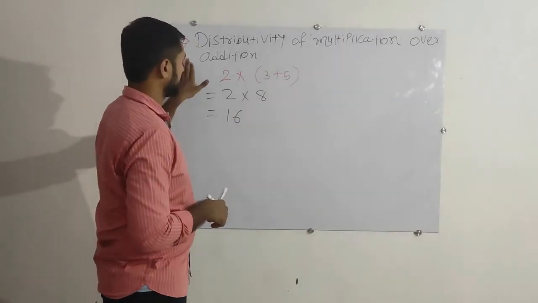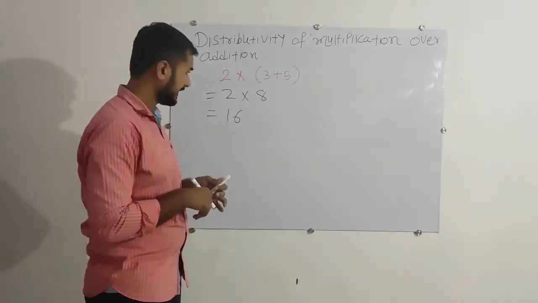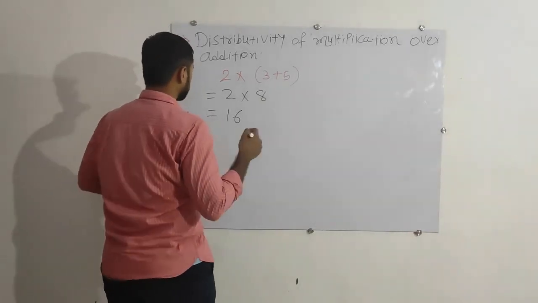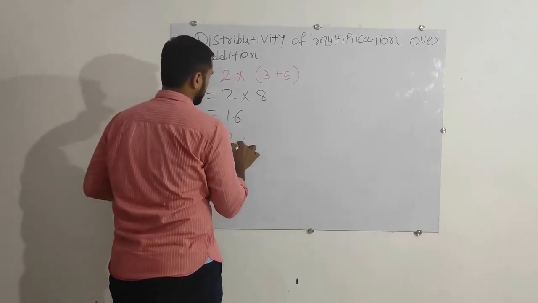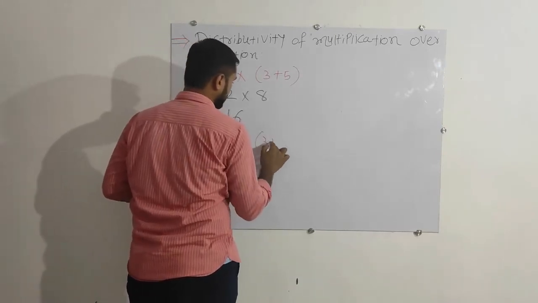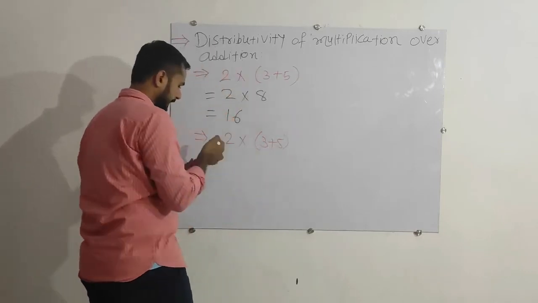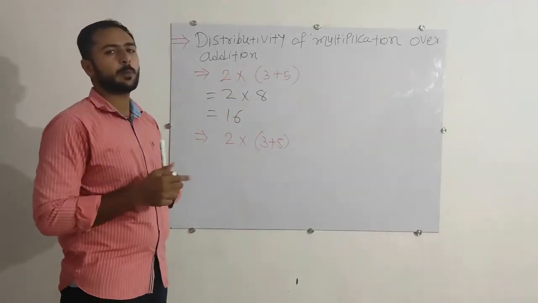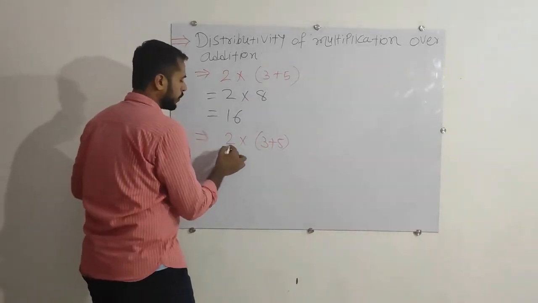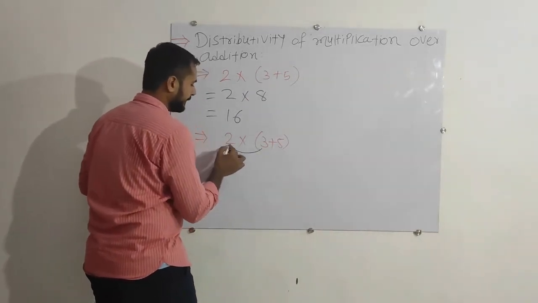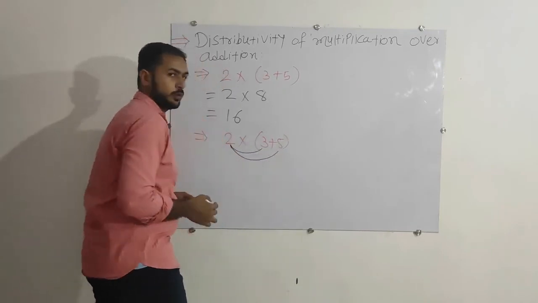Now in the next step we will solve by this property, and we will check whether the answers for both are the same or not. Again I am going to use the same problem. Now the distributive property says that if there is multiplication, the number 2 will multiply with 3 as well as with 5, both the numbers.